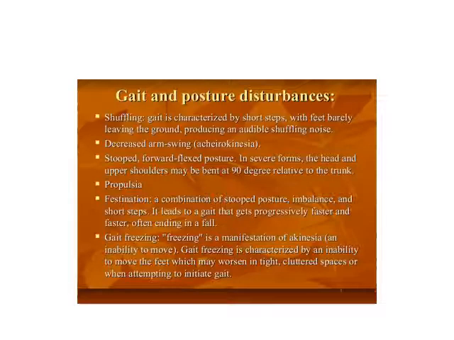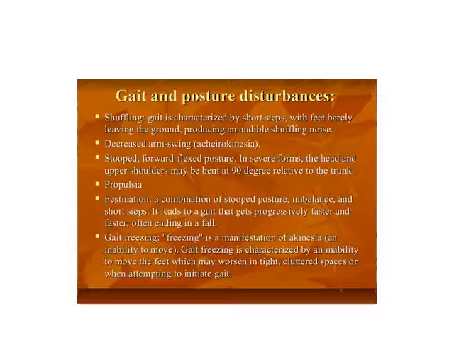Okay, what are the gait and postural disturbances that occur in Parkinsonism? We have shuffling gait. Shuffling gait is formed of short steps and the feet barely leave the ground.